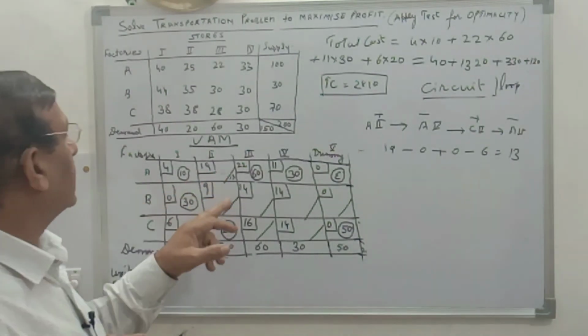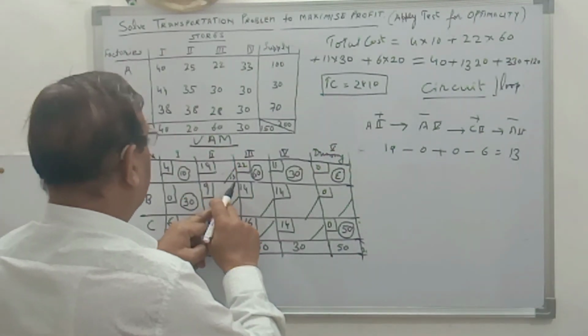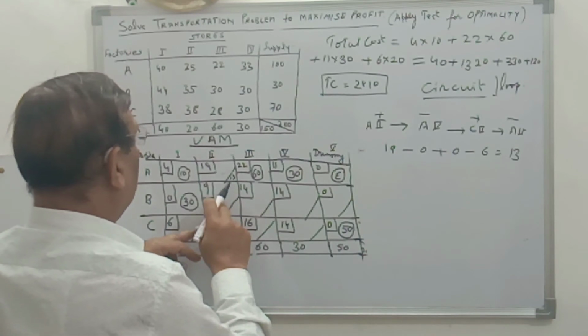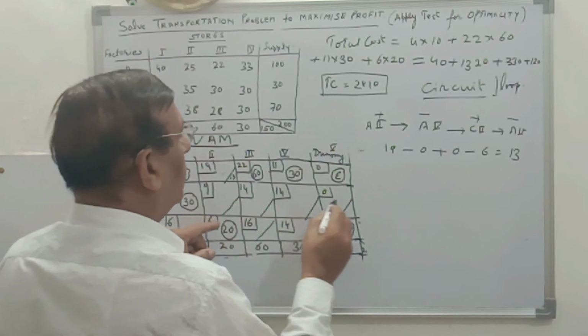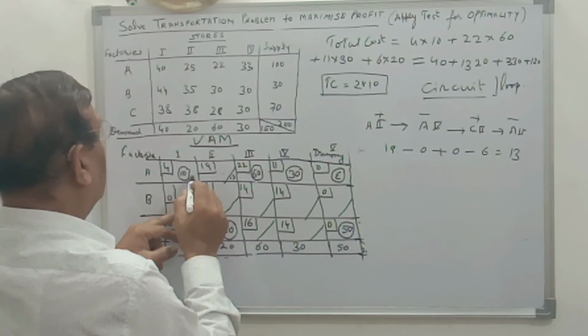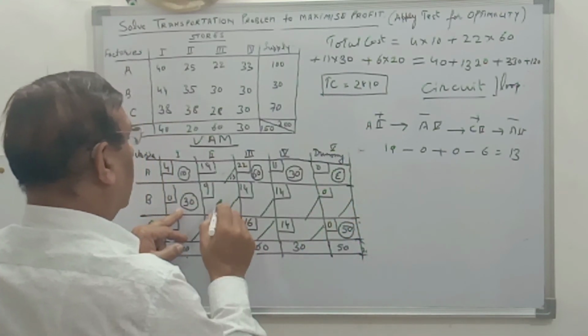Now the next blank cell is this. Again we have to start from here in such a way that you come back to this point. So you cannot move in this direction, you have to go this way, then from this to this, then this to this, this to this, then here, then you will come.